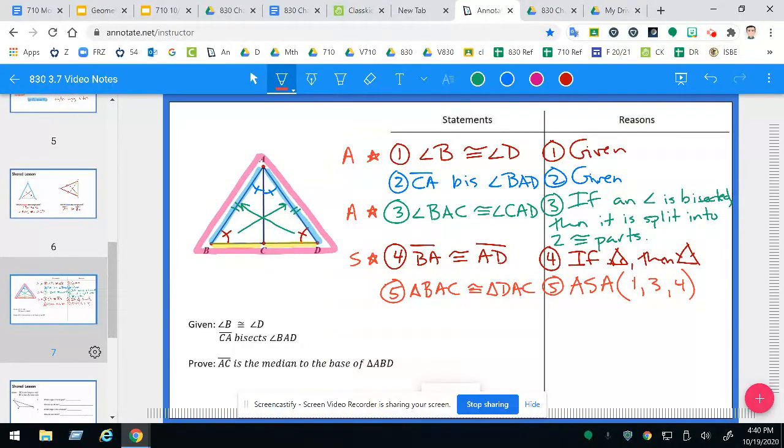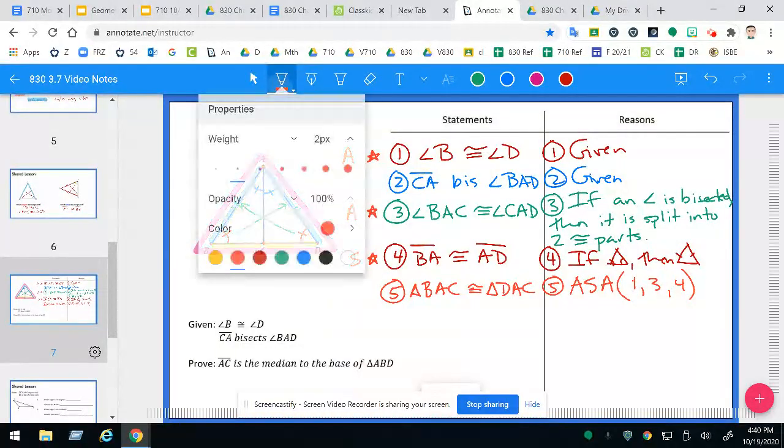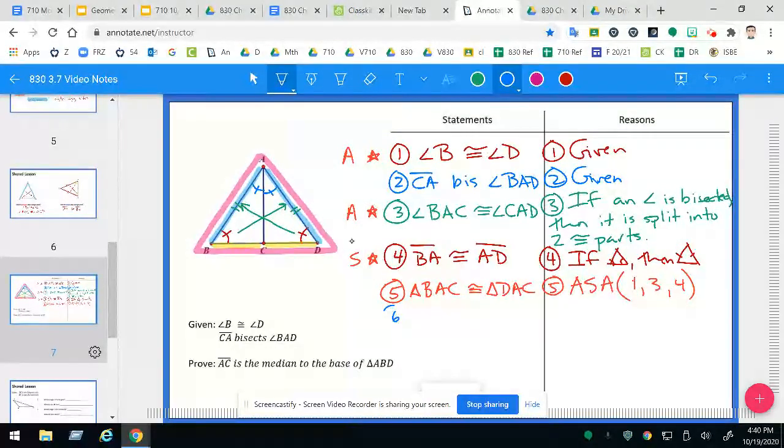Okay. So now we've proven the triangles congruent. Now we're in great shape. We talked about that we needed to prove those 2 segments that are marked in yellow congruent to get to our proof statement. So we're ready to do that right now.